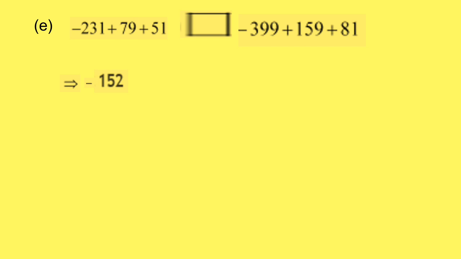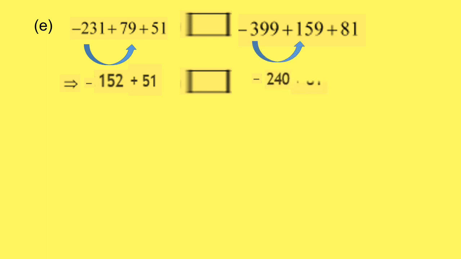So different sign, I'll subtract 79 from 231, I got minus 152 plus 51, then blank. Then here also I will subtract and plus 81 will come as it is. Look here, here also different sign. I am going to subtract 51 from 152 and put the bigger number's sign. So answer will be minus 101, then blank.